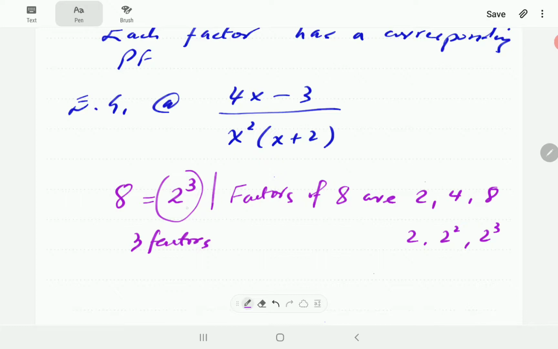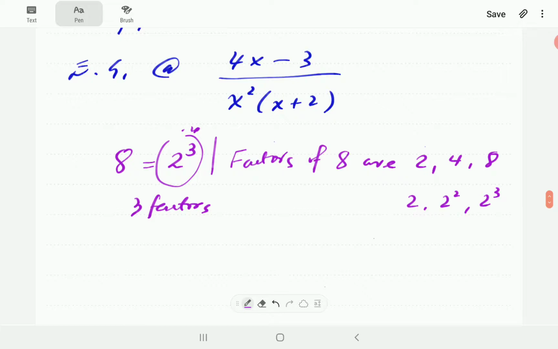So this is a repeated factor, but since it's to the power 3, it's got 3 factors in it. If it's to the power 2, then you have 2 factors, like 4 has 2 and 2 squared. So this x squared here, there are actually 2 factors there.